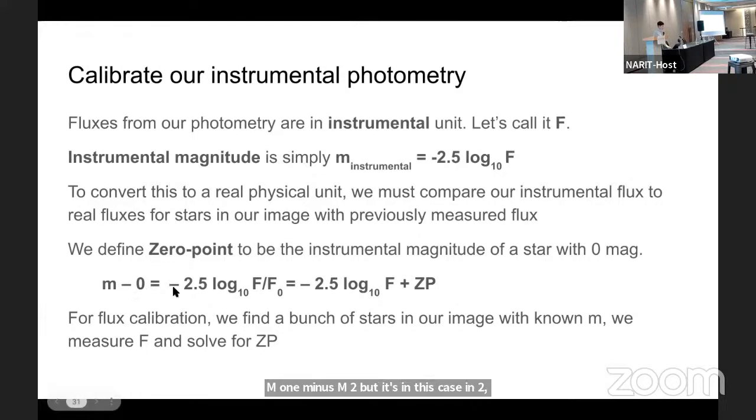So M equals minus 2.5 log 10 of the instrumental flux divided by the zero point flux, F0. And we just define this quantity, the zero point magnitude, according to that equation. So it's essentially just 2.5 log 10 of F0.